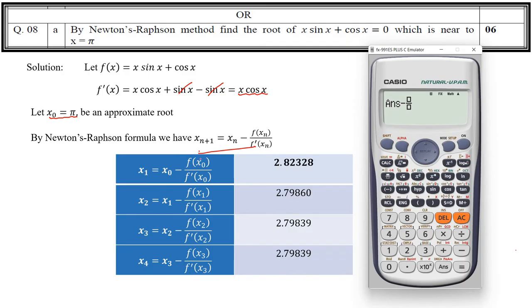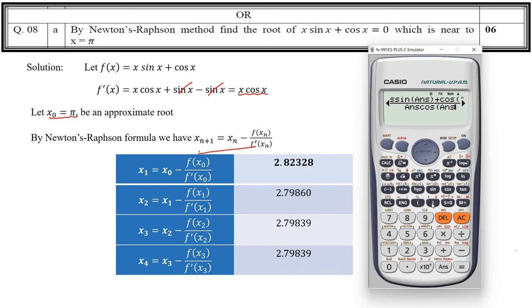In place of x naught, I will put answer: answer sin answer, close the bracket, plus cos answer, all divided by answer cos answer, since f dash of x is x cos x.